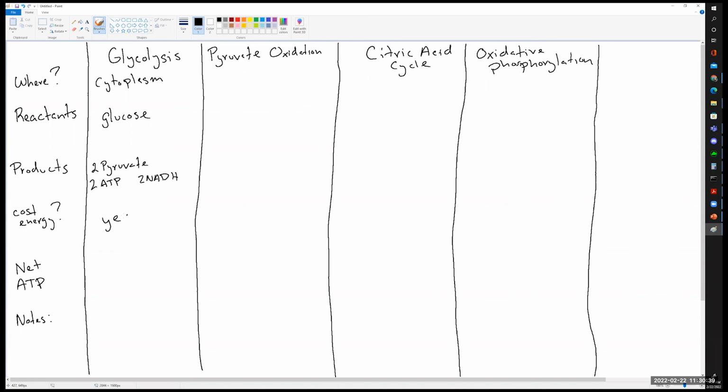Yes. Our net ATP is 2. And the only other note is G3P is an intermediate that you need to know. Not for this test, but for when we get to photosynthesis.